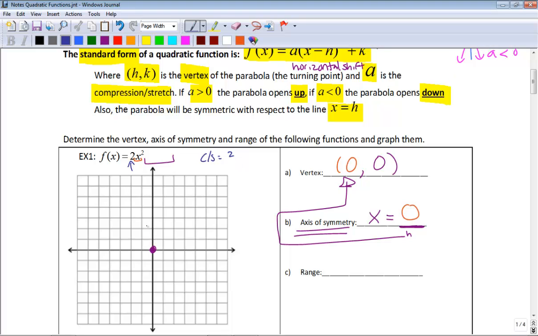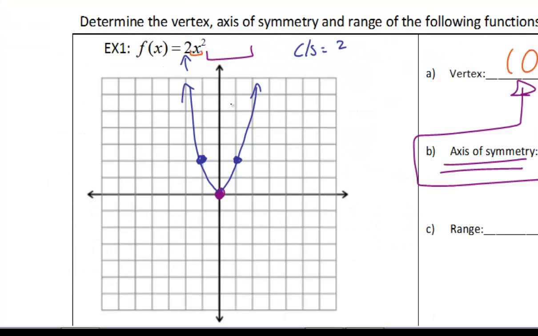So up 2 units, left 1, back to the vertex, up 2 units, right 1. So this is the graph of the parabola 2x². Also note, I'm going to draw in the line x = 0 because that's the axis of symmetry. If you look at this green line, everything to the left and everything to the right is identical. So it acts like the mirror for both sides of the parabola.